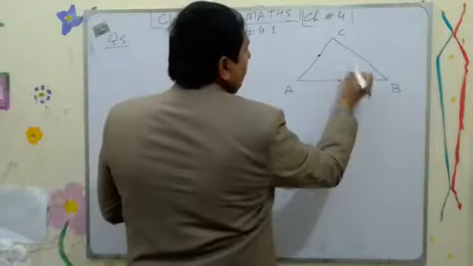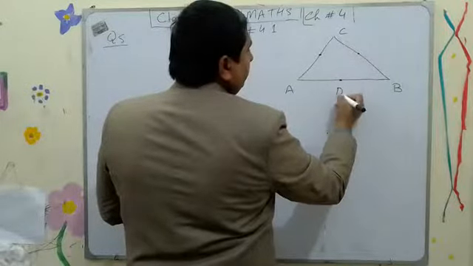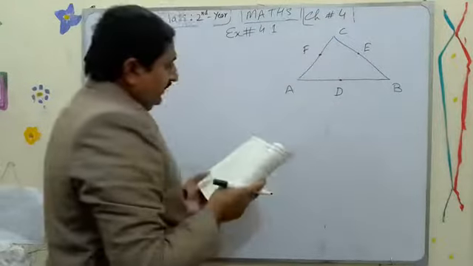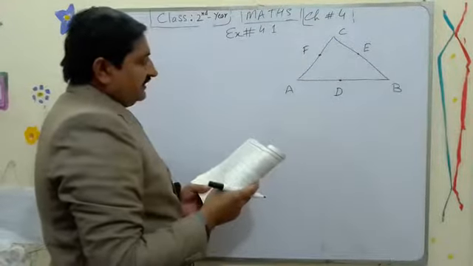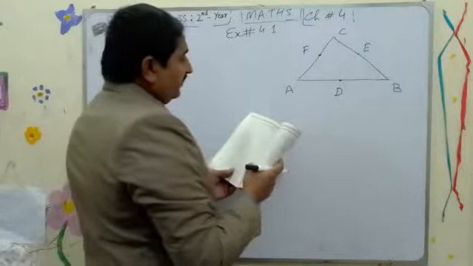These are its midpoints, D, E and F, right? The question says that the midpoints of the sides of the triangle are given.